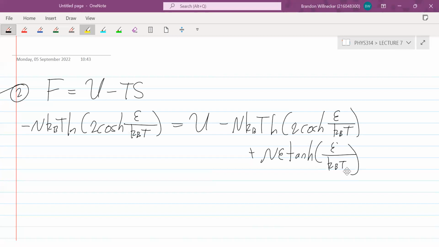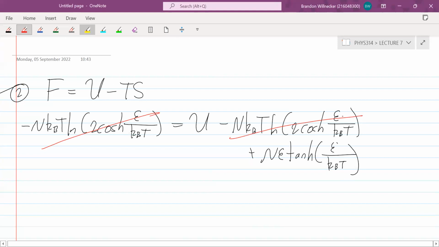Okay, so some things cancel here. This NKBT natural log term over there, we can get rid of that on both sides. And we can take the U to the other side. So we get U is equal to minus N epsilon tan hyperbolic epsilon over KBT.